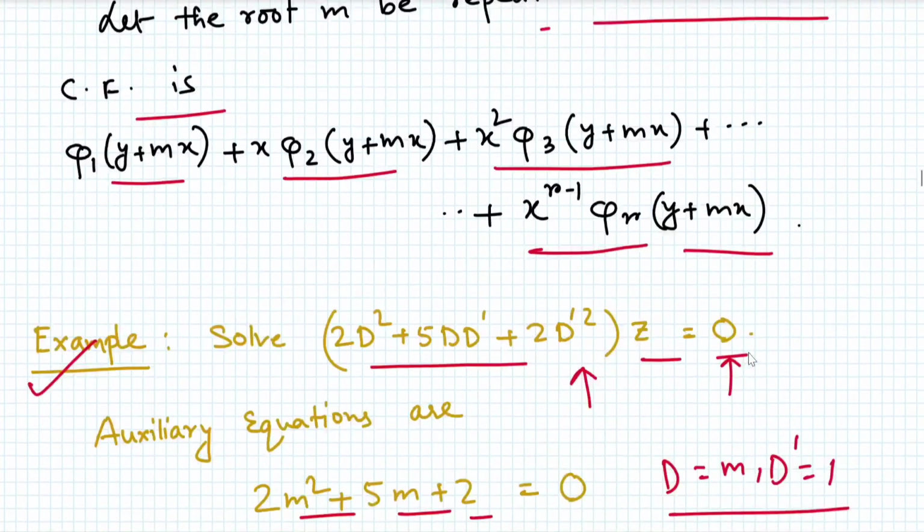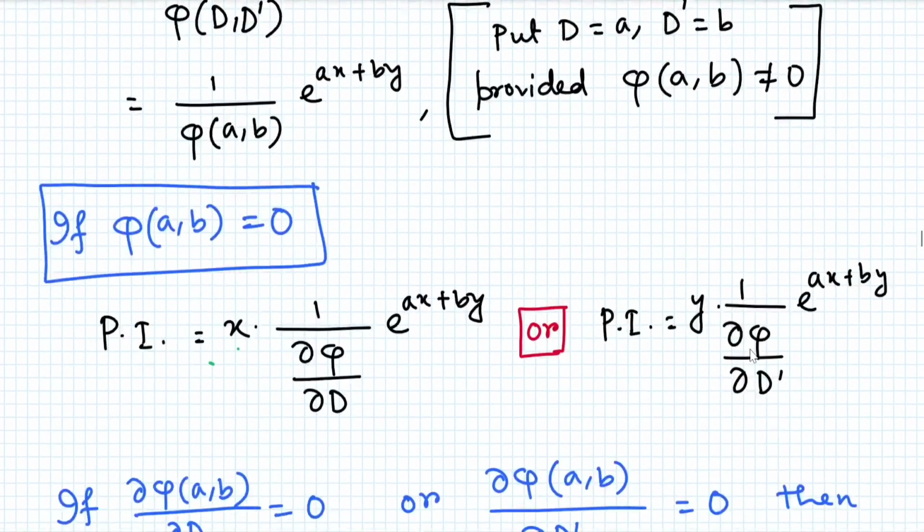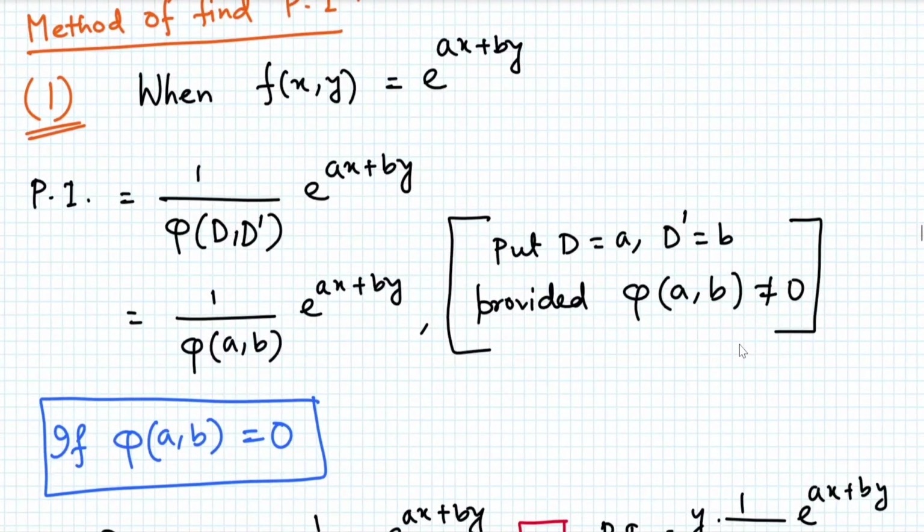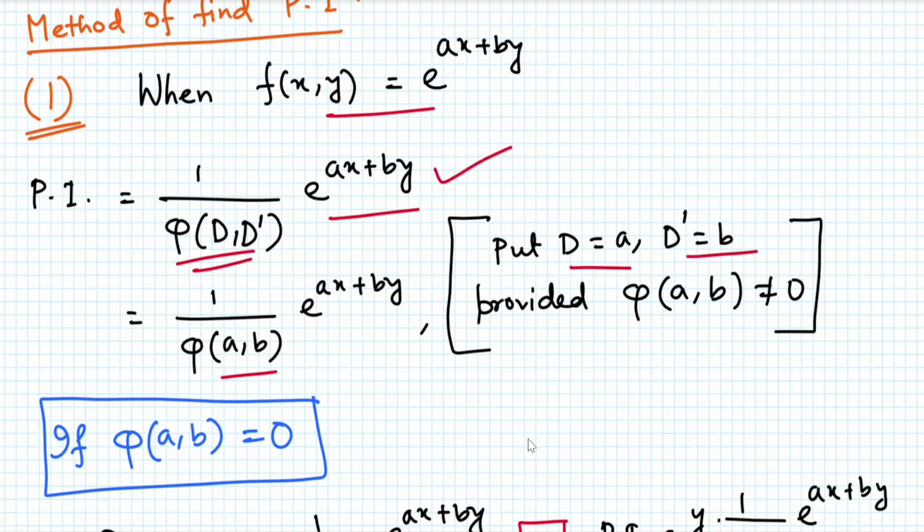So type 1 is when f(x,y) equal to e to the power ax plus by, the particular integral equals 1 by phi(D,D dash), this operator term, operating on e to the power ax plus by, which is equal to 1 by phi(a,b) e to the power ax plus by. Put D equal to a and D dash equal to b, provided phi(a,b) is not equal to 0.